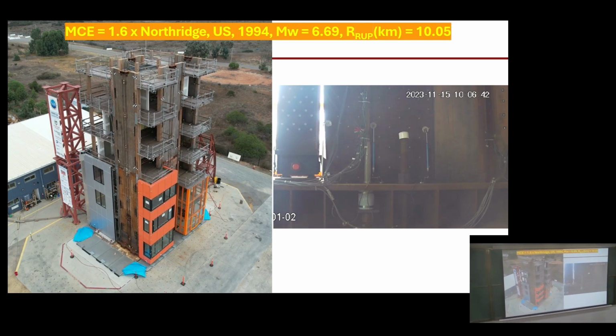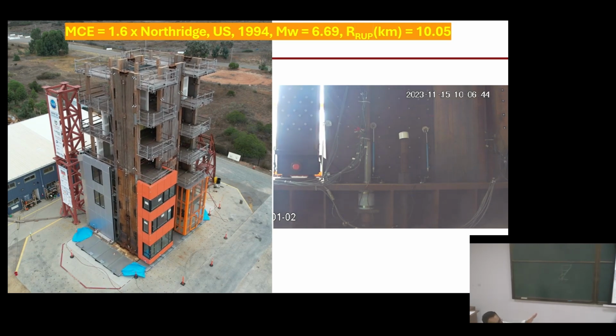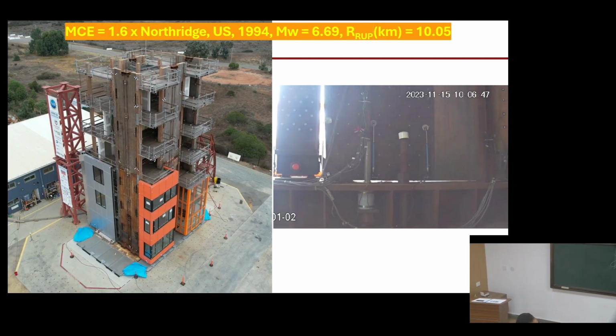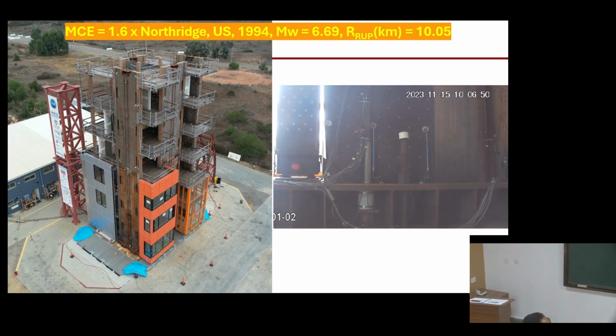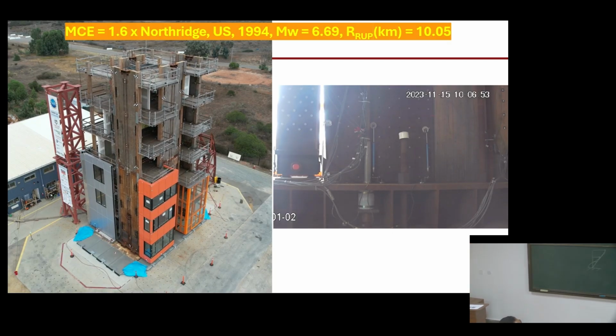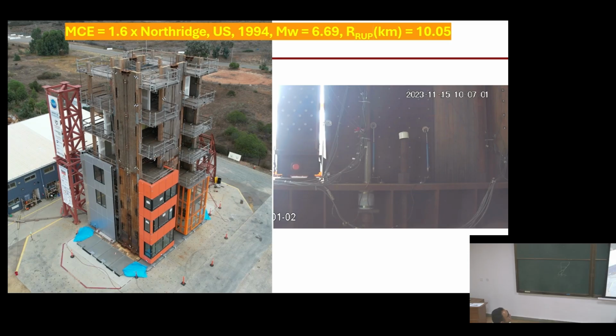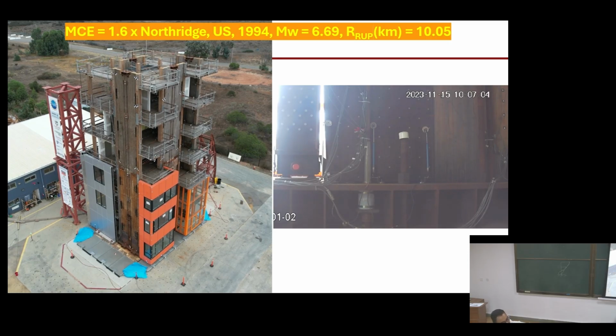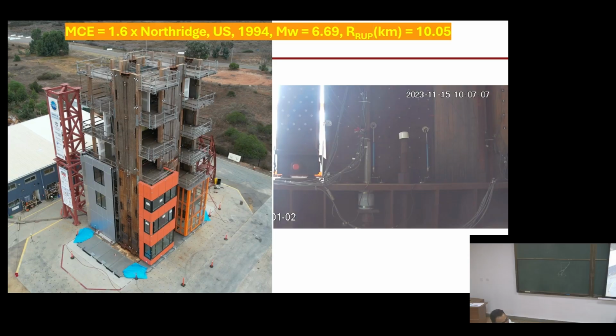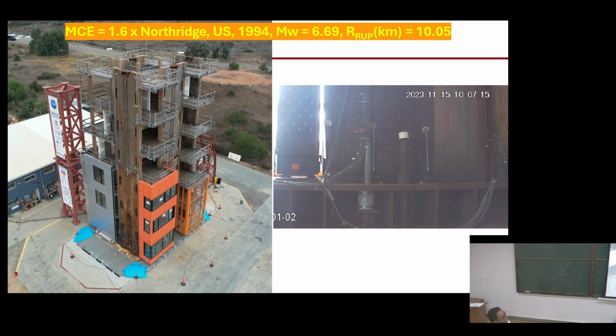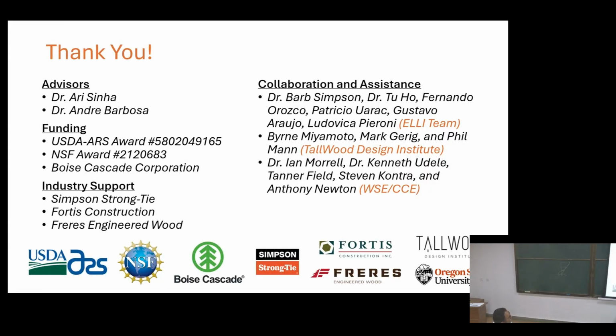And after that, we took this wall out and put in that steel link connection that we saw in the previous video. In total, this building went through 130 different ground motions at different levels, so roughly 45 or 25,000 years' worth of earthquakes. So that's pretty much it.